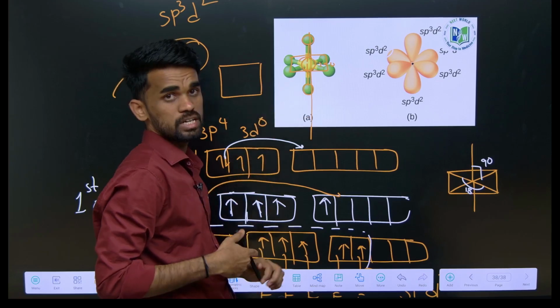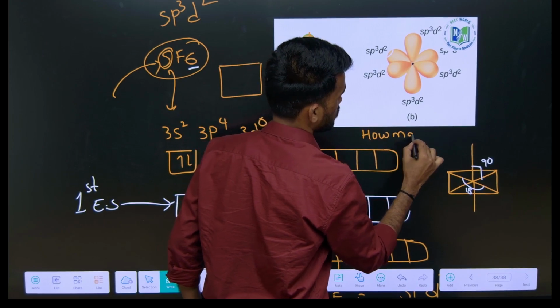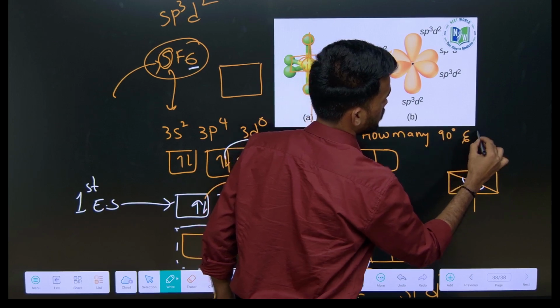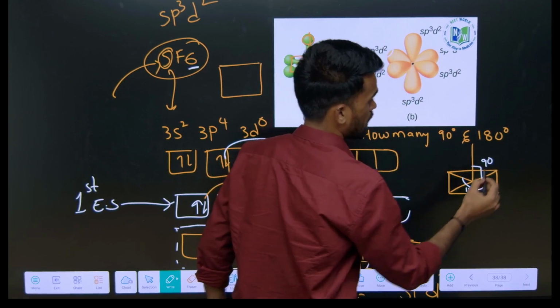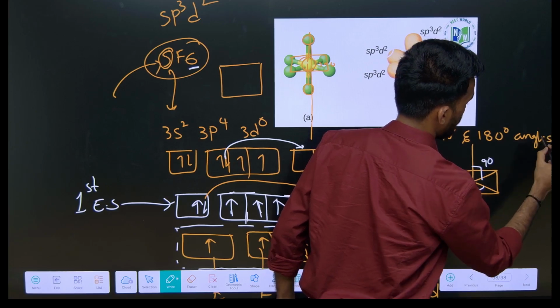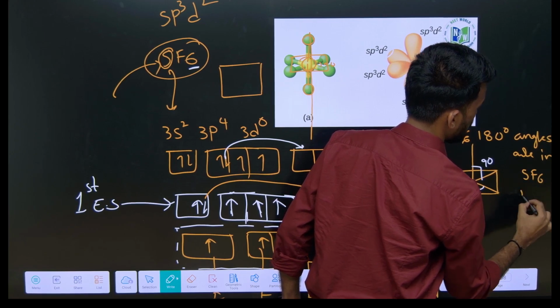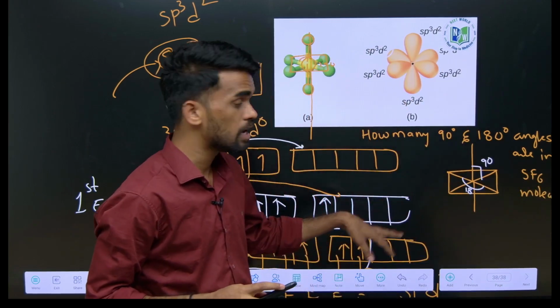So my question is, how many 90 degree and 180 degree angles are in the SF6 molecule? You have to answer this in the comment box.